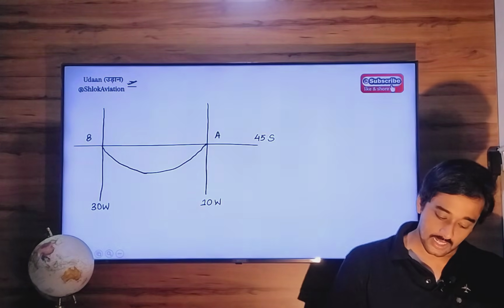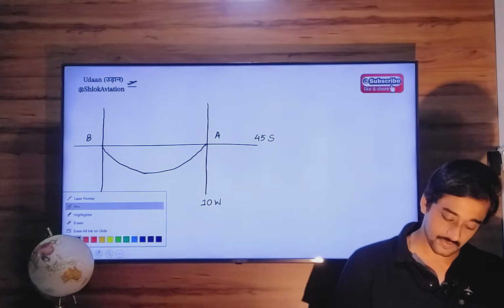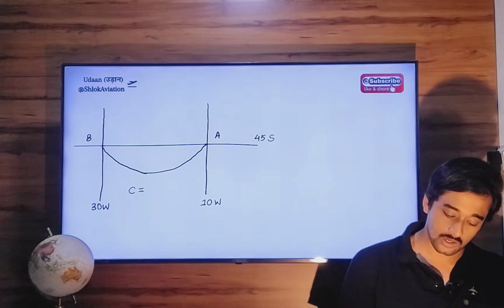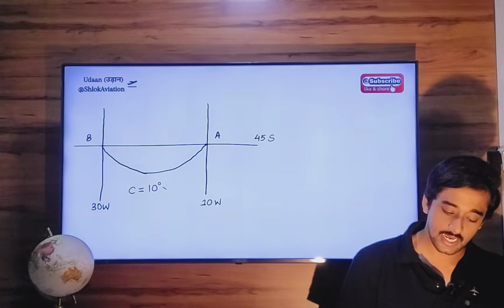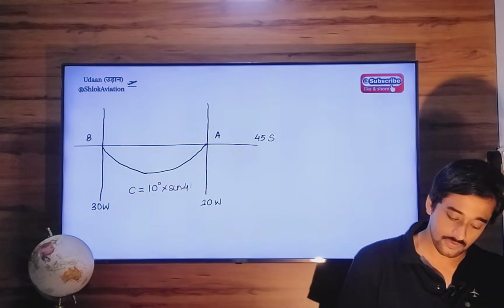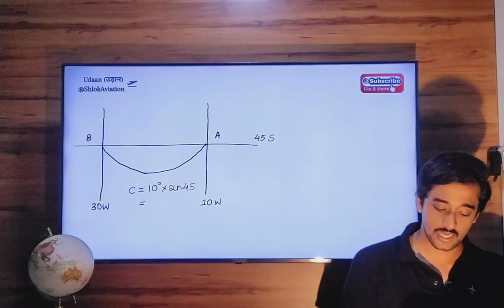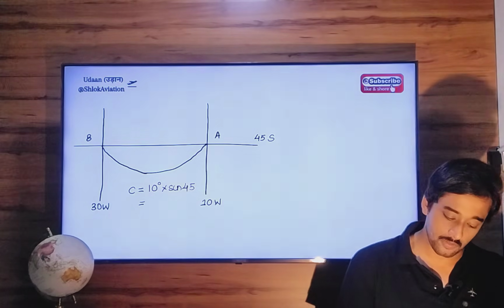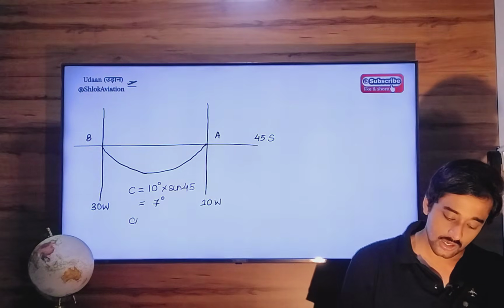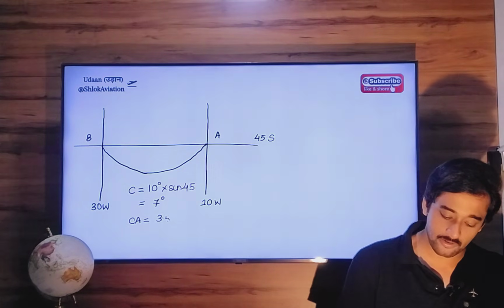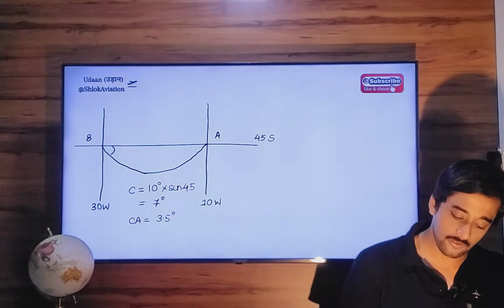So let's find convergency. D long 10 degrees, sine latitude, sine 45. So sine 45 into 10 is 7 degrees 4 minutes, or approximately 7 degrees. So convergency angle will be 3.5 degrees.